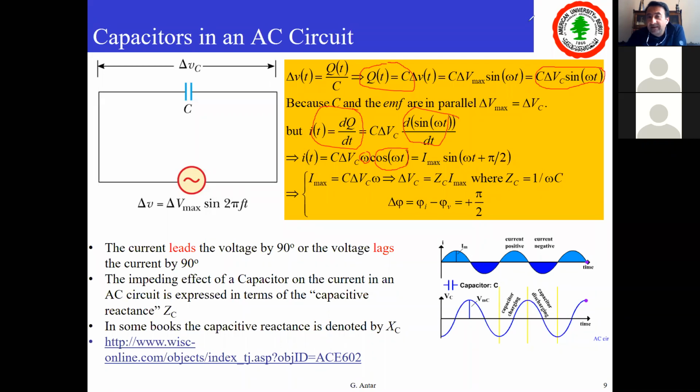If you want to compare the voltage to the current, you need to put it as a function of sine, because your voltage is a sine of omega t. Simply rewrite the cosine as sine of omega t plus pi over 2, and this is where my phase comes into play. Then for this reason, phi I minus phi V is equal to plus pi over 2. Clear? Yes, thank you.